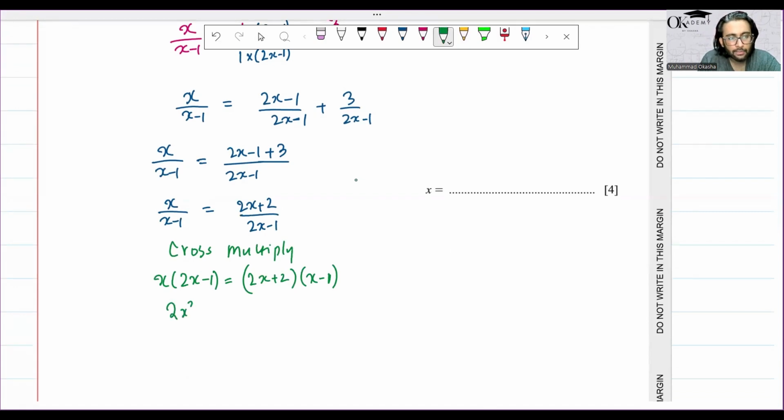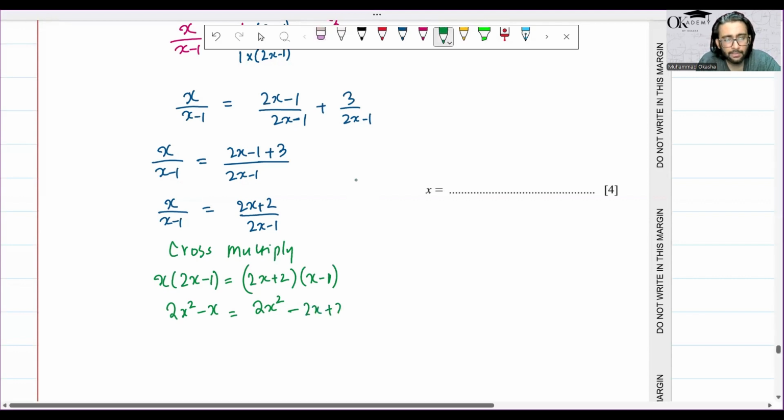That will be 2x squared minus x equals, if I do the distributive property on this one, 2x times x would be 2x squared, 2x squared minus 2x plus 2x minus 2.